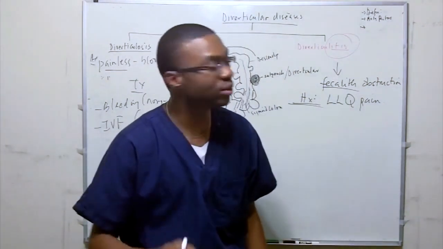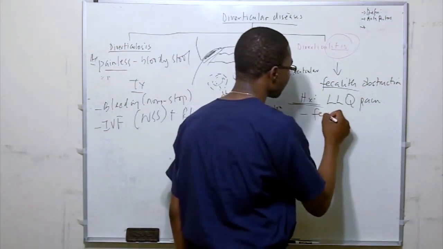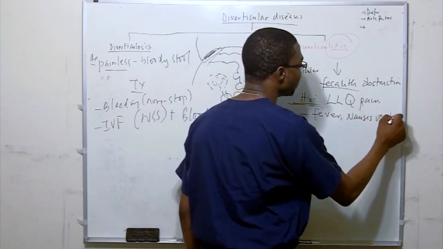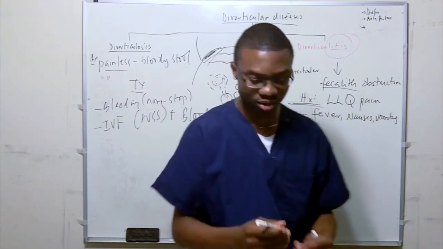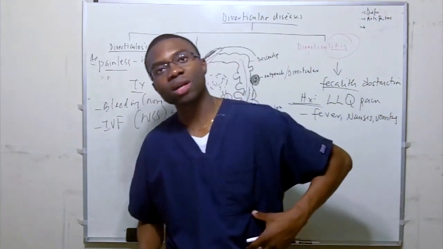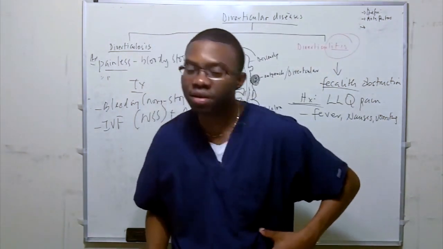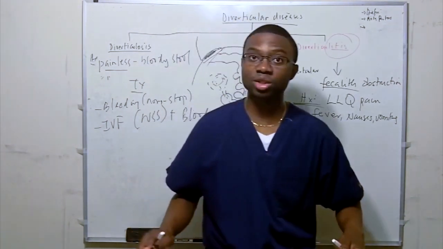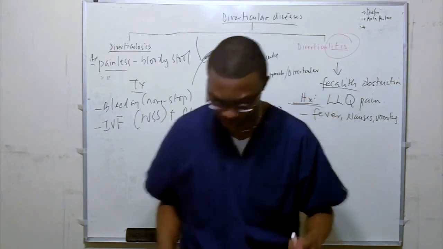Aside from the ischemia, they'll get fevers, nausea, and vomiting. That's going to be their symptoms. Left lower quadrant pain, fever, nausea, vomiting, constipation. That's what you want to know.